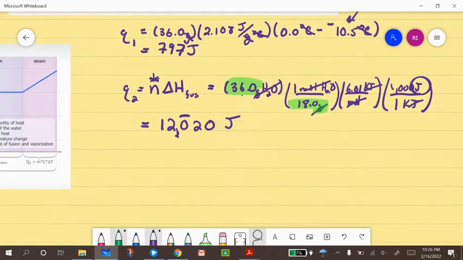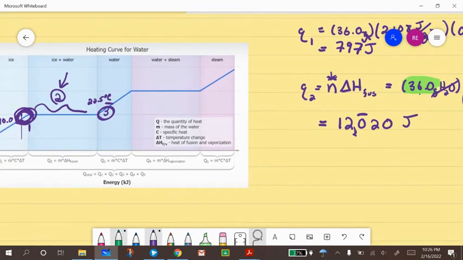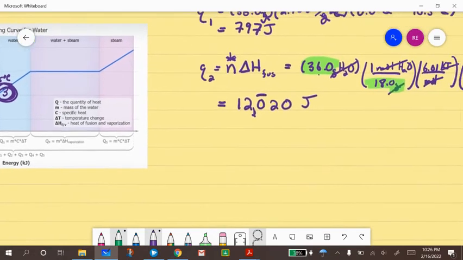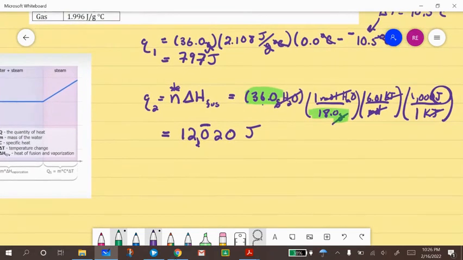All right. Our last step is just to figure out how much heat we had to add after it's all melted to go from 0 degrees Celsius to 22.5. So this is going to be my Q3. Q3 equals MC delta T again. So the mass, 36.0 grams.